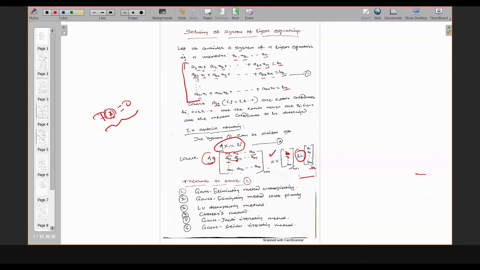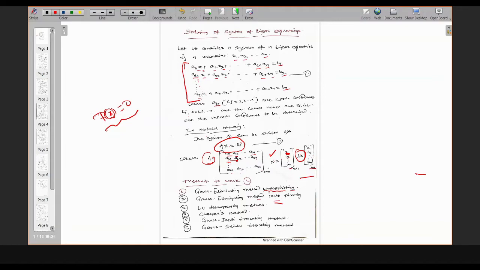So how can you solve this type of equation? What are the methods available to solve this type of system? I will first give the names of the methods that you will be studying in this syllabus, and then we can discuss them one by one. First is the Gauss elimination method without pivoting. Another technique is the Gauss elimination method with pivoting.